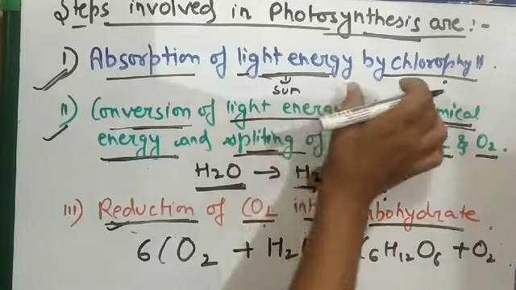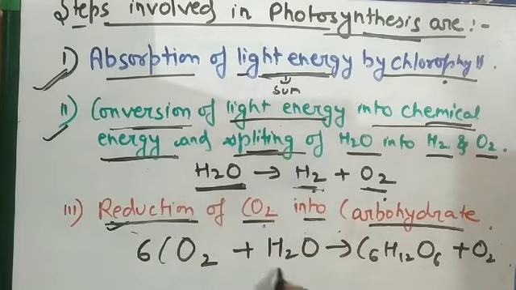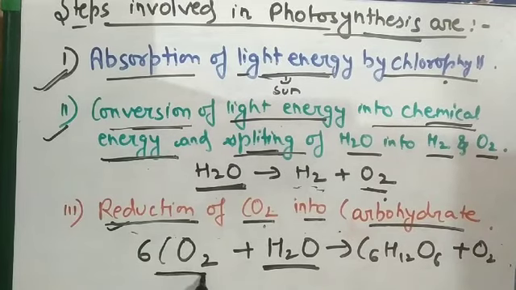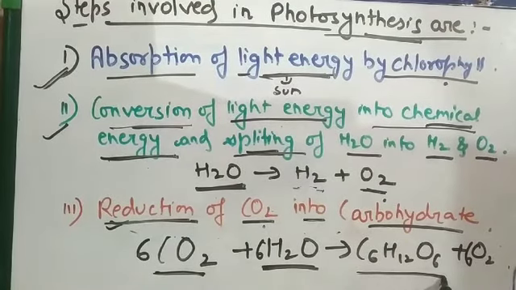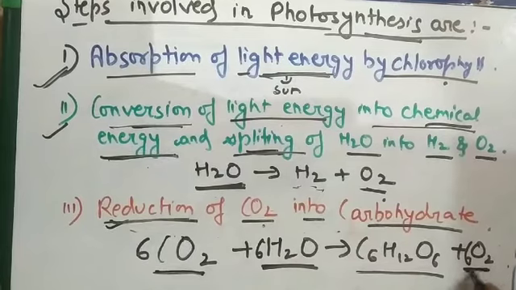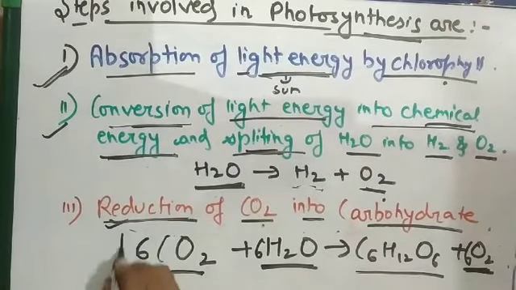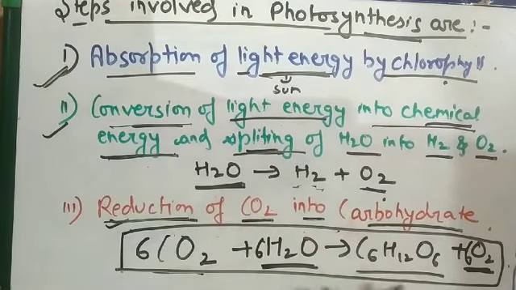First of all, the chlorophyll molecule absorbs the light energy. This light energy splits this water molecule into hydrogen and oxygen, so that the hydrogen of this water molecule can bind with this carbon dioxide molecule, and glucose can form, carbohydrate can form, which gives energy to the plants for its various functions, repair, growth, etc. And the oxygen molecule is released. So the complete process can be done.